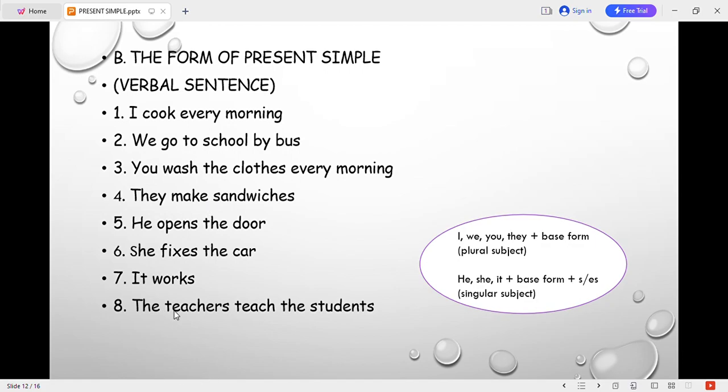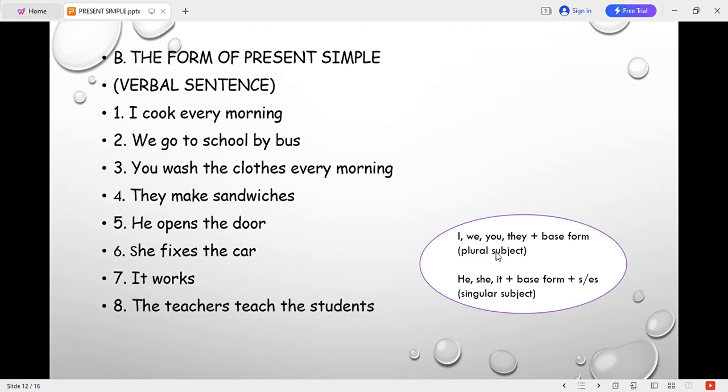Just like number 8, the teachers teach the students. How many teachers here? Many or only one? Many, because there is s at the end of the word teacher. So we put teach, the base form, not teaches.